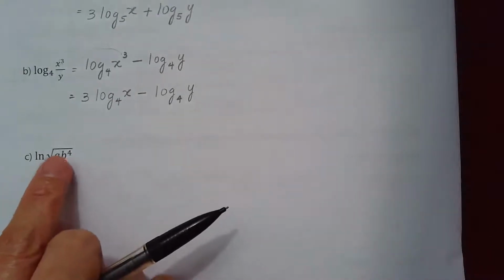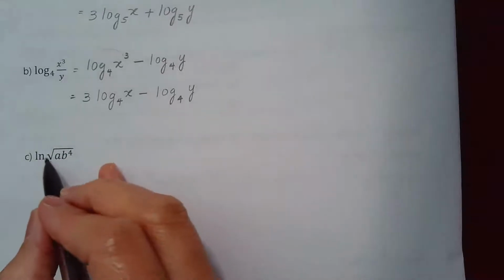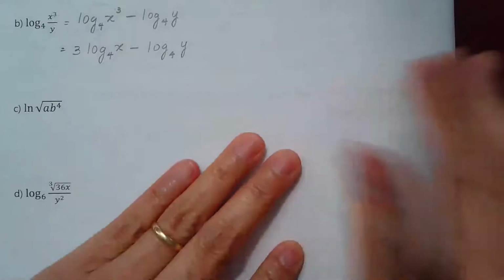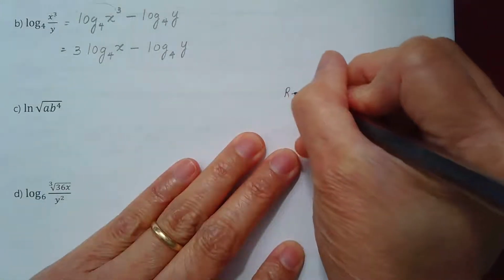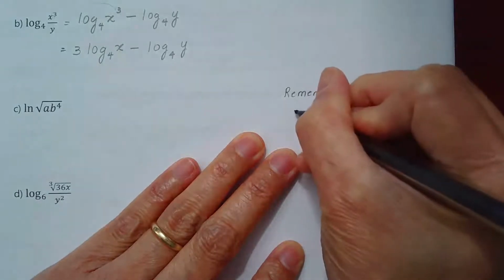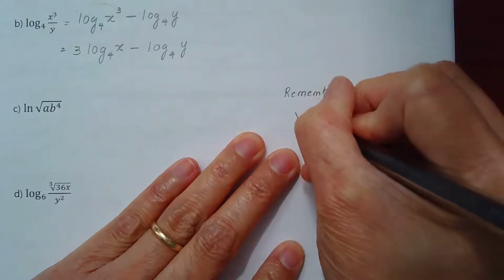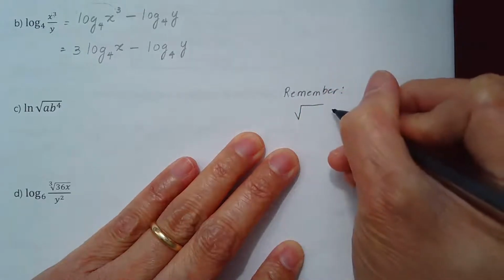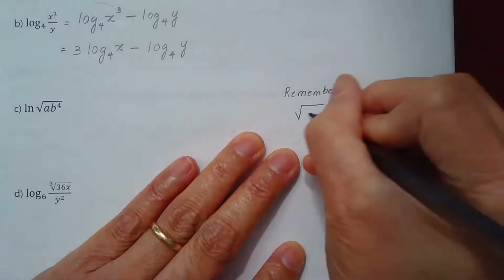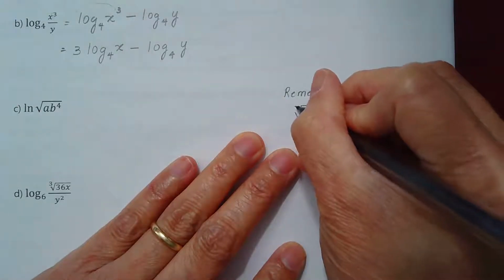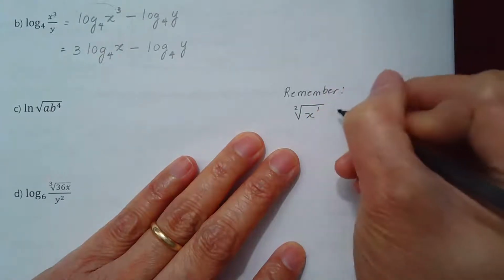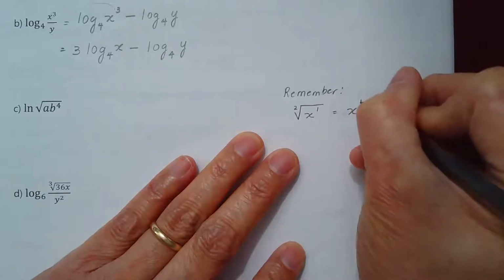Now let's take a look at this one. What does this mean, square root? Okay, before we dive right into that one, remember, square root really means exponent to the 1/2. So let's say this is an index of 2, say x, so x to the 1/2.